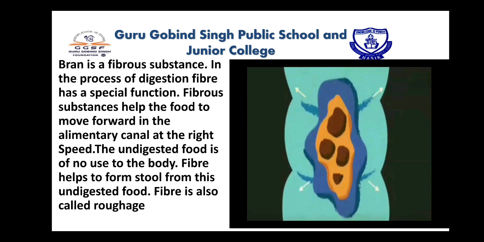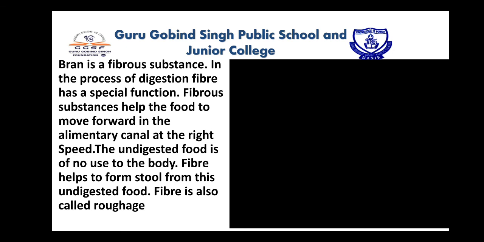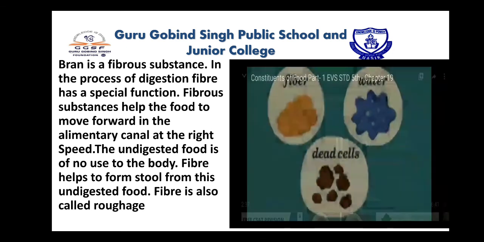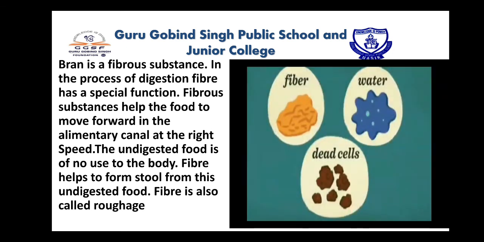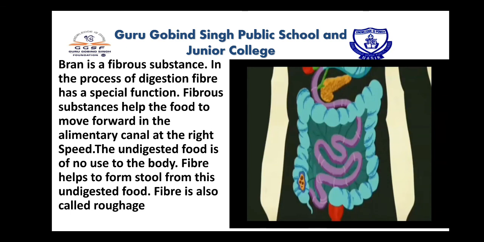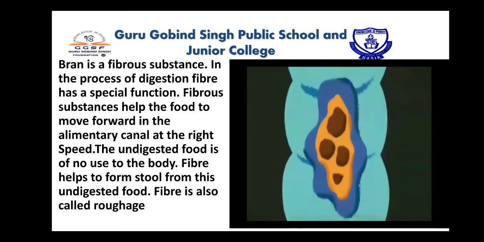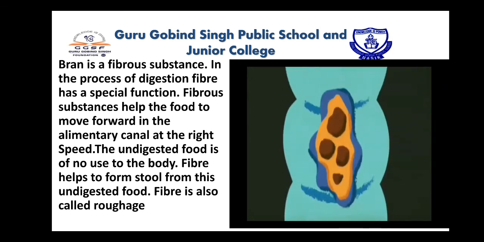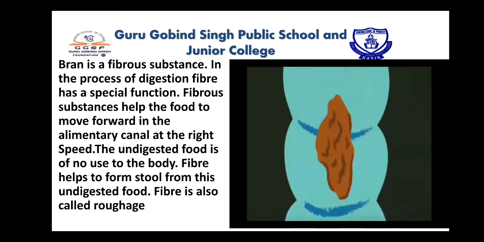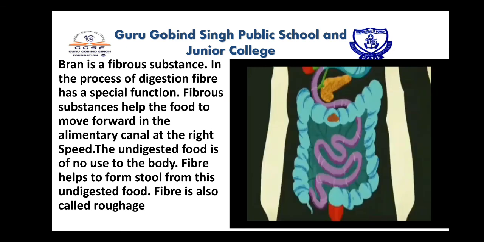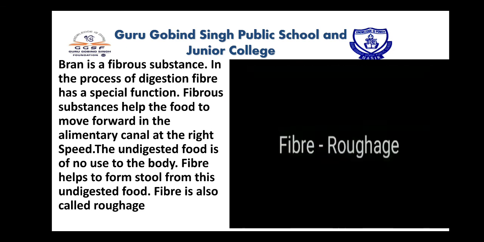In the process of digestion, fiber has a special function. Fibrous substances help the food to move forward in the alimentary canal at the right speed. The undigested food is of no use to the body.